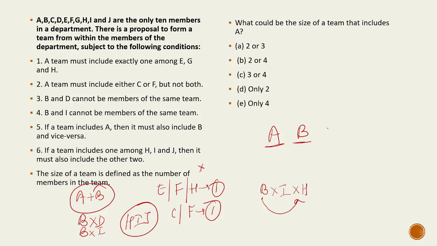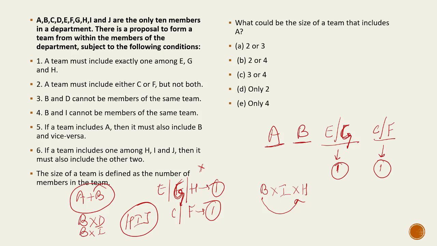So I can take anyone out of E and F. Sorry, E and G here. It's E and G. So I can take anyone out of E and G. So one person will come from this group. And out of C and F, one person will come from these two. Can I take anyone else?